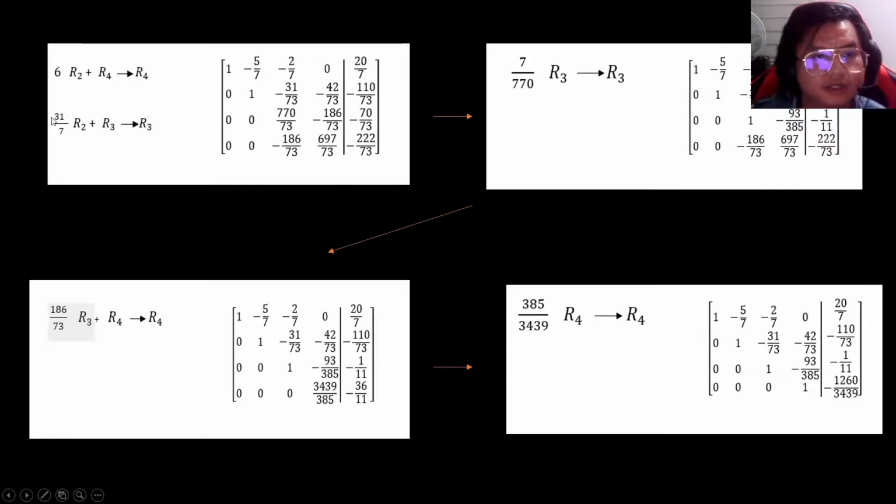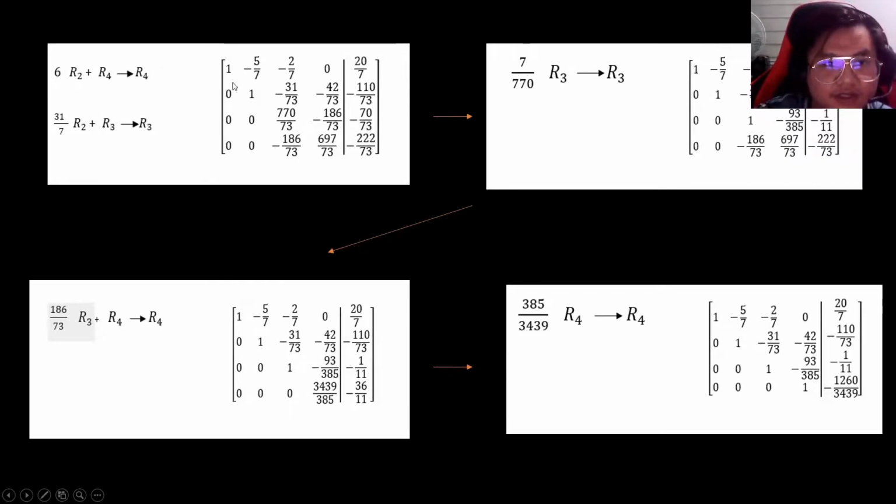Next, we will be using 6 multiplied with row 2 and adding the numbers with row 4 to replace row 4.